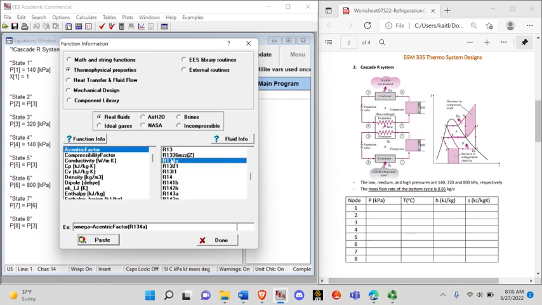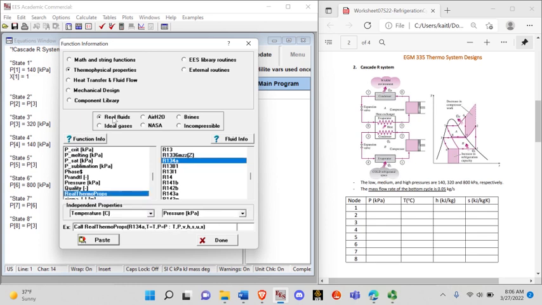Put in R134A. And then if you have to do a different working fluid, it's the same EES steps. You would just input a different working fluid into your equations. So I'm going to choose real thermal props because it's a real fluid. If you're choosing an ideal fluid or an ideal gas, it would just be called ideal thermoprops.